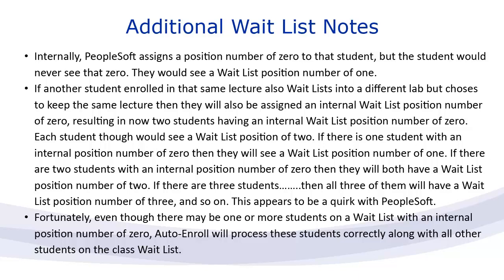If there are 2 students with an internal position number of 0, then they will both have a waitlist position number of 2. If there are 3 students, then all 3 of them will have a waitlist position number of 3, and so on. This appears to be a quirk with PeopleSoft. Fortunately, even though there may be 1 or more students on the waitlist with an internal position number of 0, auto-enroll will process these students correctly along with all other students on the class waitlist.